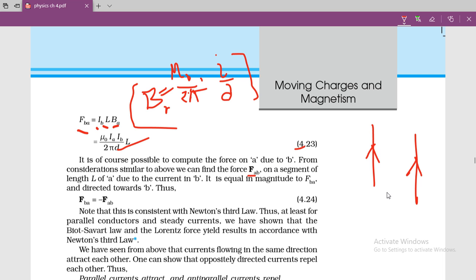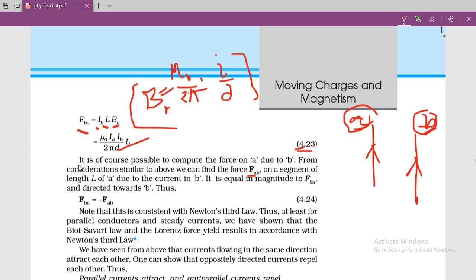So the force on B due to A is given by equation 4.23. Now the similar equation for force on A due to B we can find.